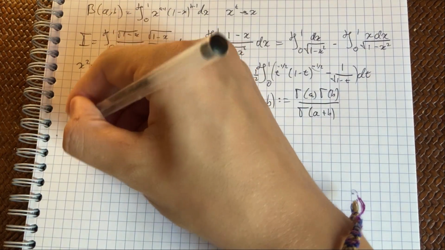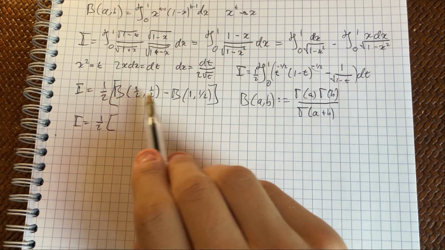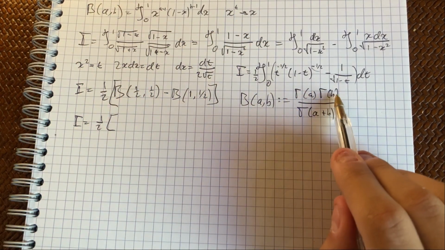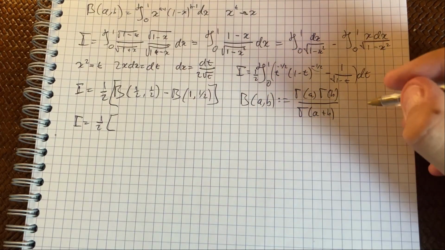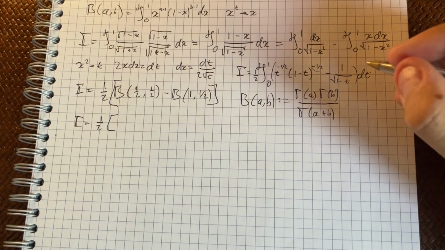So here you have I being equal to 1/2 of beta 1, which is gamma 1/2 by gamma 1. We know that, well, we need two identities to define the gamma function.